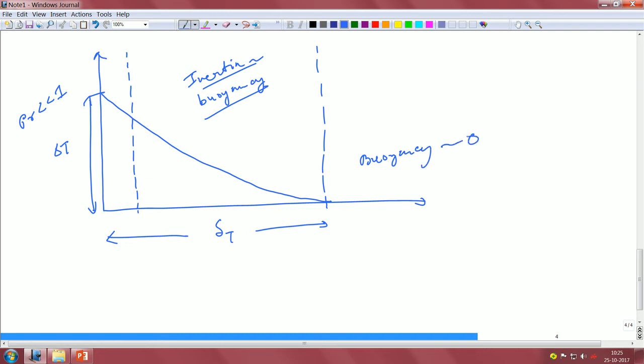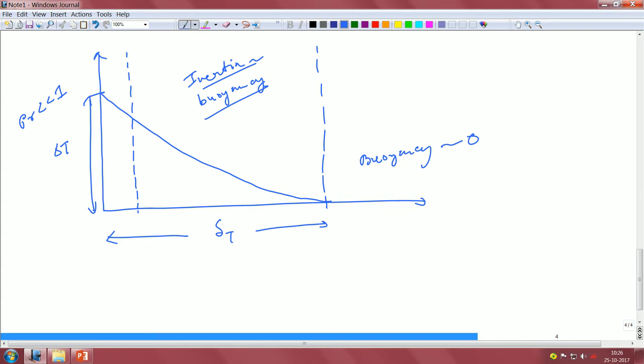So, in this particular region beyond delta T, because it is a low Prandtl number fluid, there is no velocity possible outside this particular layer, because its inertia driven by buoyancy, inertia and buoyancy are balancing each other. So, beyond this of course, the buoyancy is obviously going to be 0 because there is no temperature gradient to support it. So, naturally there is no velocity scale that is possible.